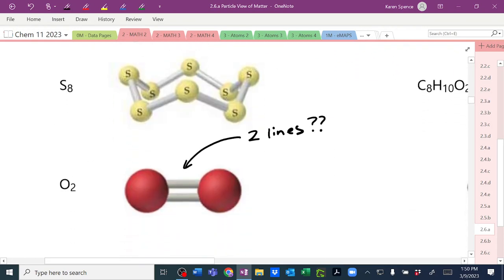What do you think's happening down here with oxygen and its 2 lines? 2 pairs of shared electrons. So we would have 1, 2, 3, 4.